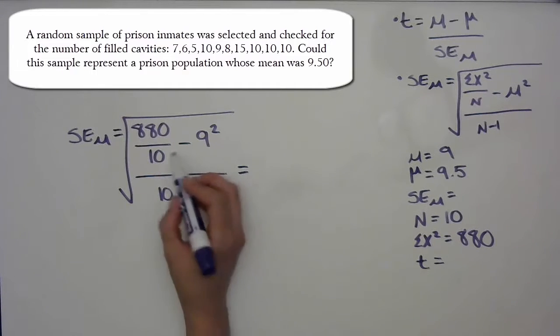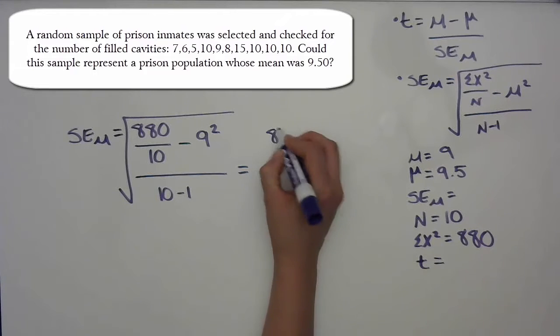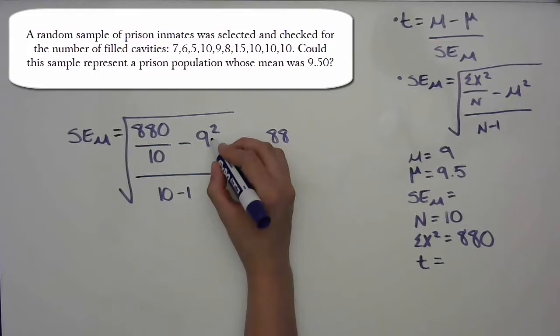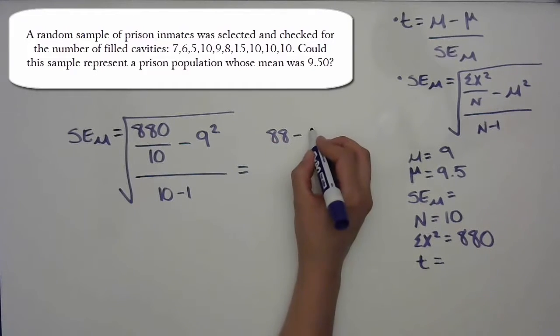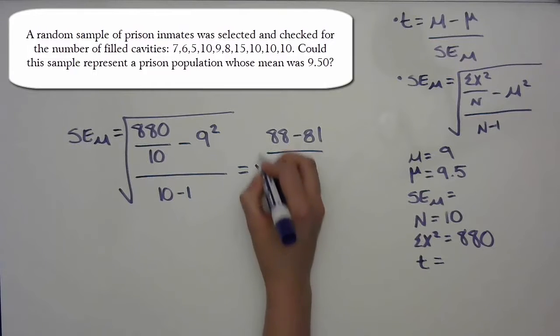So 880 divided by 10 is going to give us 88. 9 times 9 is going to give us 81. Then 10 minus 1 is 9.